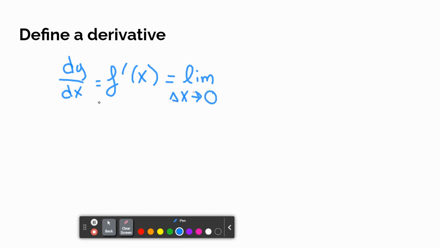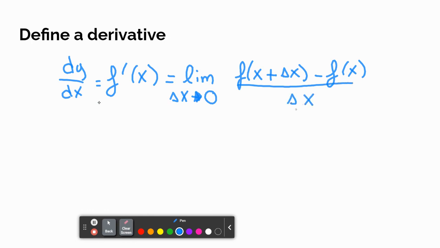So again, this is saying that we have a derivative because it's continuous, and then we're going to just write what we had for our slope formula. Based off of the diagram we just had, for any value, we would have f of x plus the change in x minus f of x, all over the change in x.